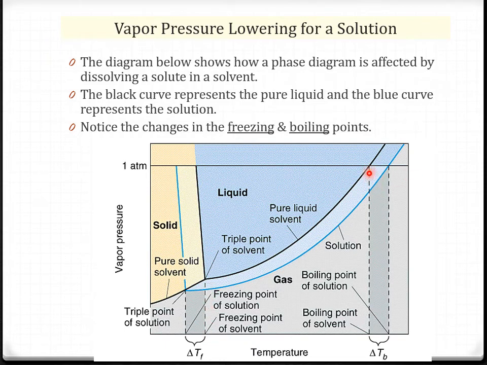And for the boiling point, the boiling point of the solution is higher compared to the boiling point of the solvent. So this pressure we take at 1 atm. There will be a difference in freezing temperature and also a difference in boiling point temperature.